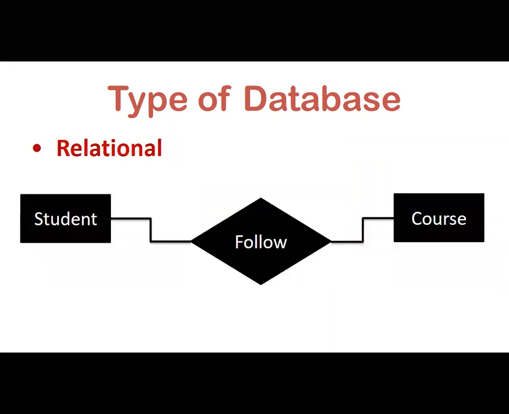Then the second one is the relational one. That is the database we are going to do in your book. So if you have this relation, it's related. You can see the student entity and the course entity. So it's connected.